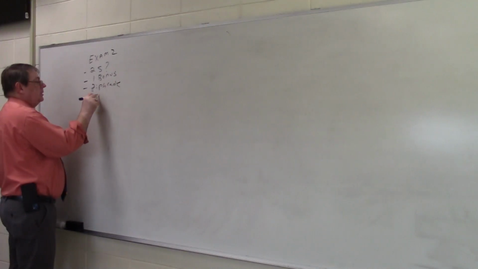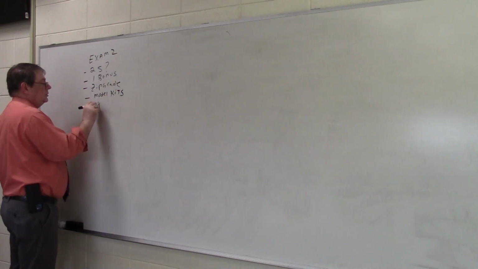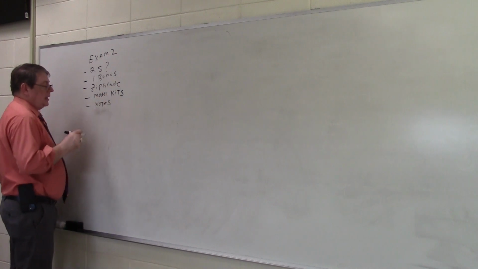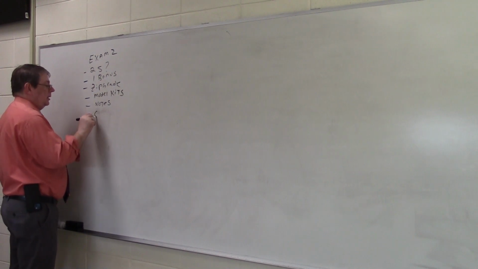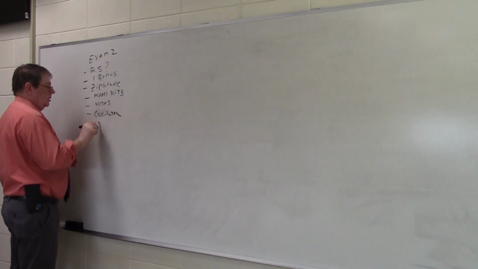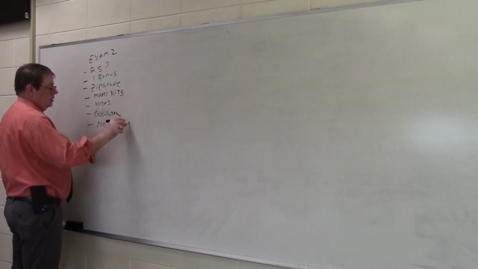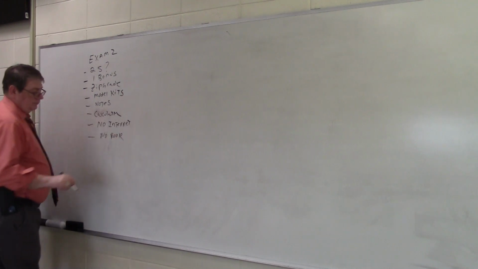You can have your model kits, your notes, handwritten, printed out, and you can have a calculator. And nothing that can access the internet, and no book. Same as before, nothing new there.